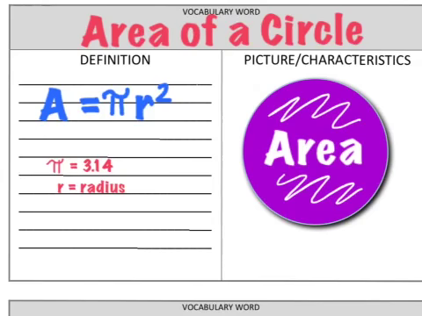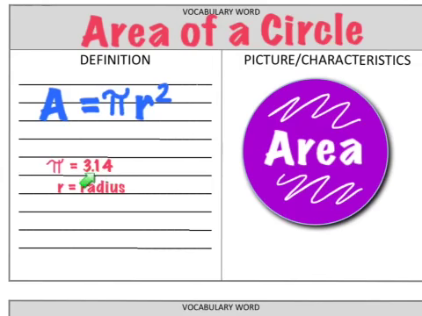Okay, third vocab, area of a circle. Well, we've already looked at area of all the other shapes. Now we have area of a circle. So that's just the inside area. So the formula for area of a circle, the A stands for area. This is pi, and we're going to use 3.14.